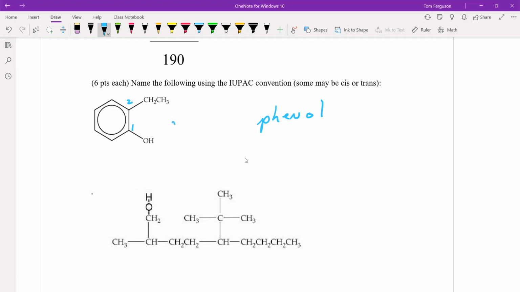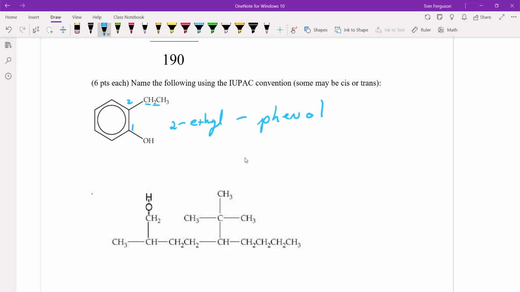So we have 2-ethyl phenol. It's got 2 carbons. Yeah, I copied this out of one of the PowerPoints.